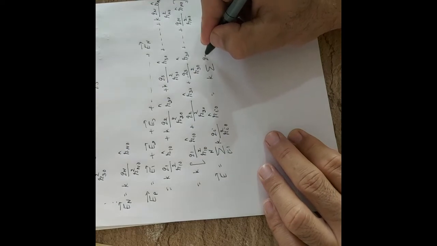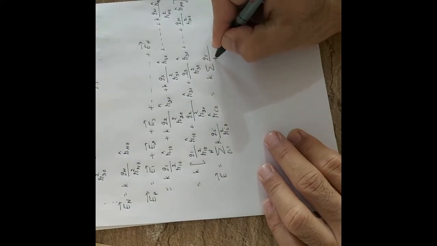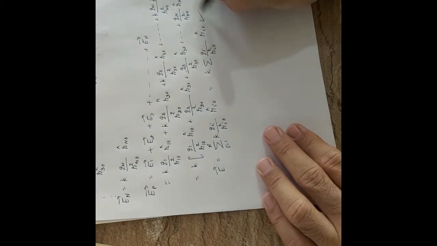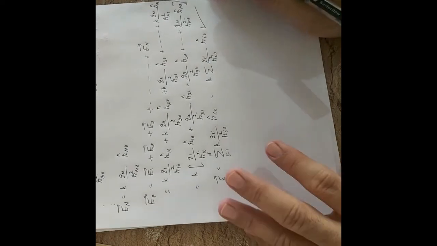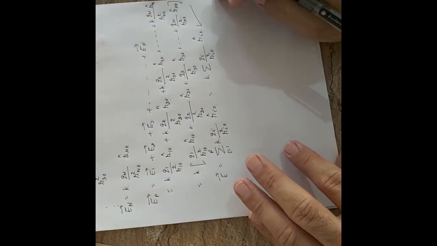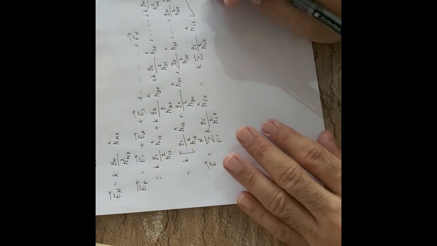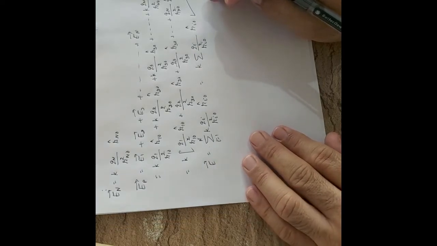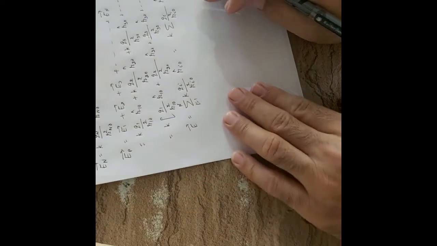So E equals k summation of qi divided by Ri0 squared, Ri0 cap. This is the expression of the electric field at a point P due to a number of charges present in its surroundings.